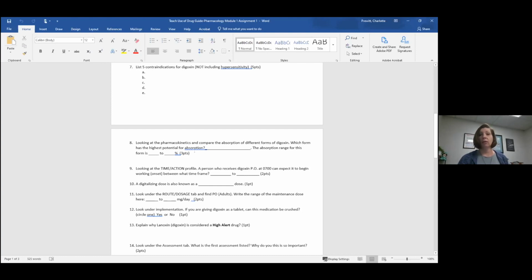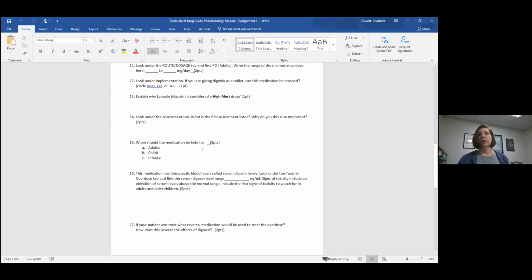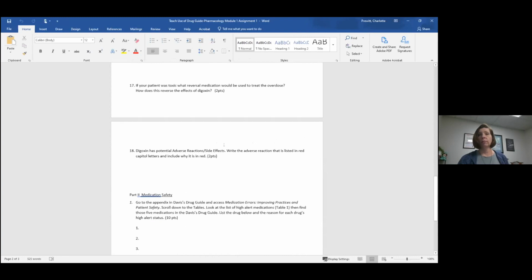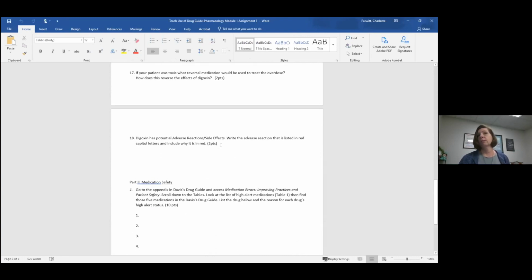All of this is already in that drug tab. It's just them learning how to find it. I take them all the way through, and you are welcome to use this as an example for medications that you want your students to know about their patients.